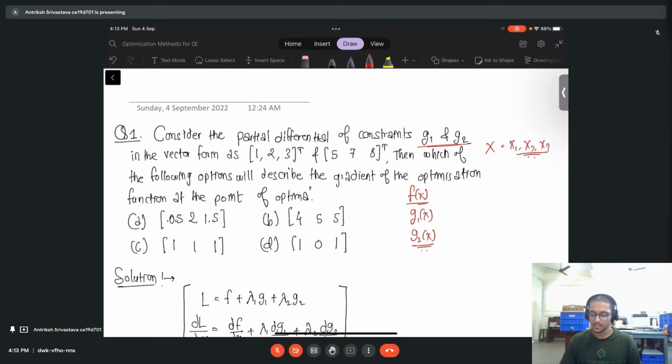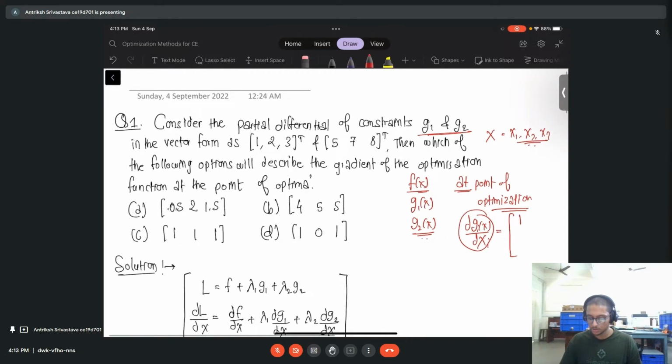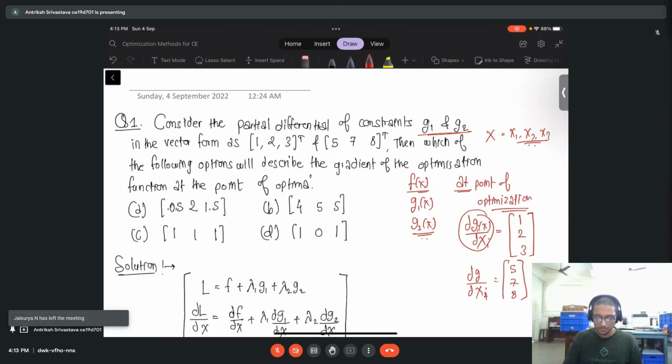Now if I have given you that at the optima, at the point of optimization, the gradient of the constraints, that means dg by dx, for one constraint is 1 2 3, and for the other constraint it is 5 7 8, then which one of these will be the gradient of this function with respect to these points?